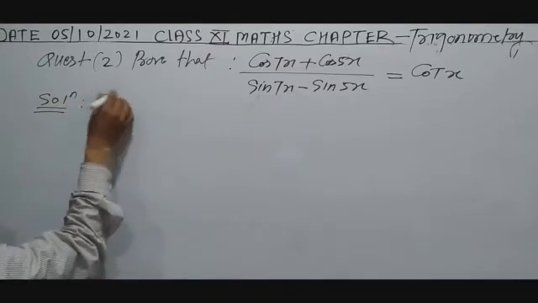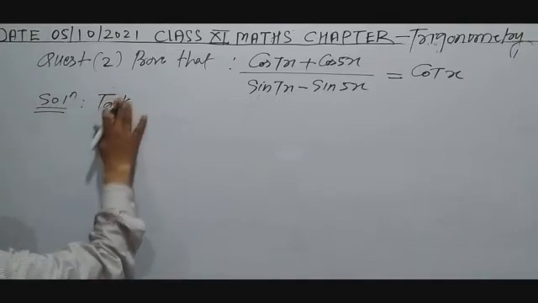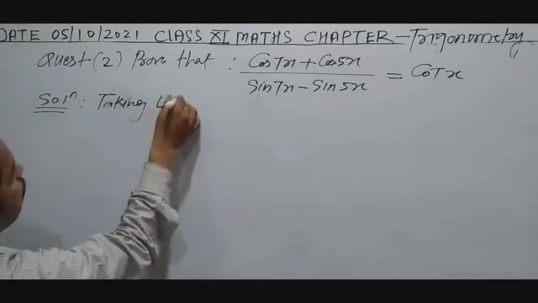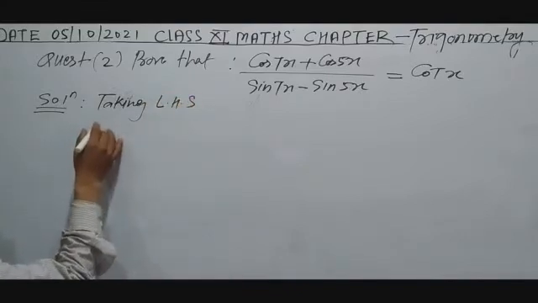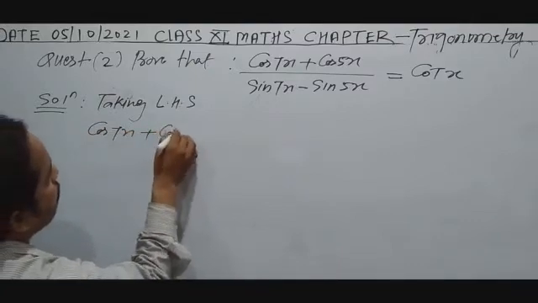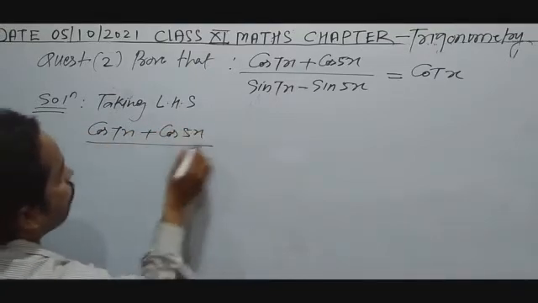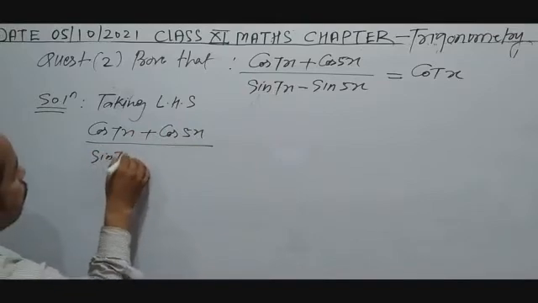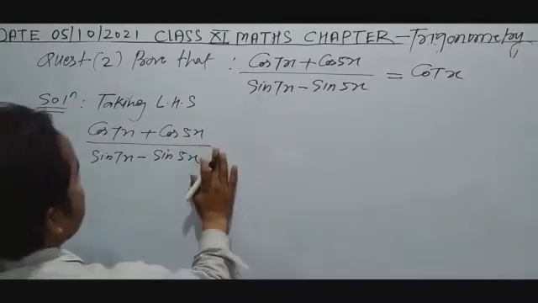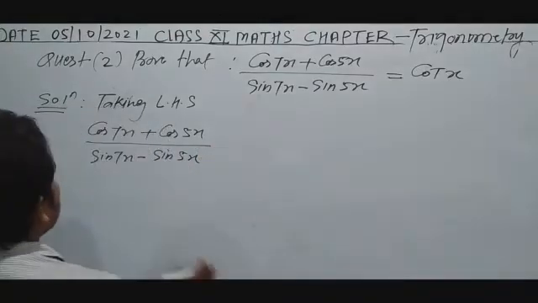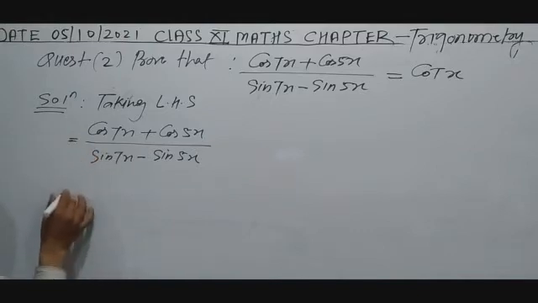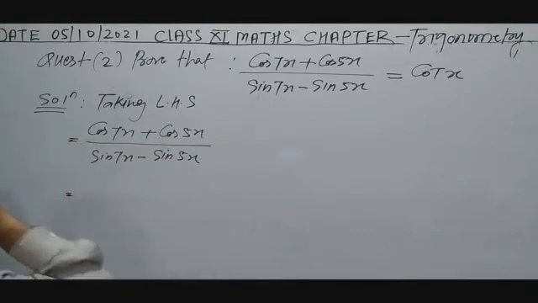So, solution: taking LHS, (cos 7x plus cos 5x) whole upon (sin 7x minus sin 5x). Now cos 7x plus cos 5x means the cos c plus cos d formula we have to apply.